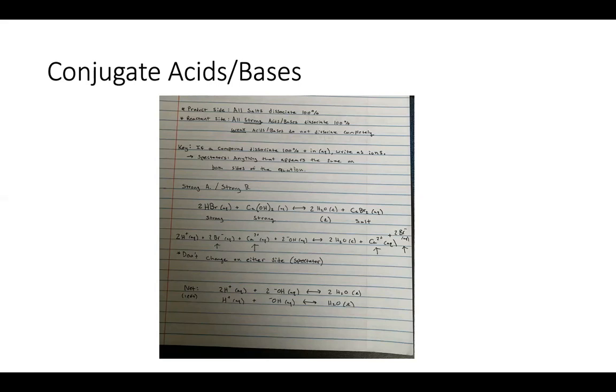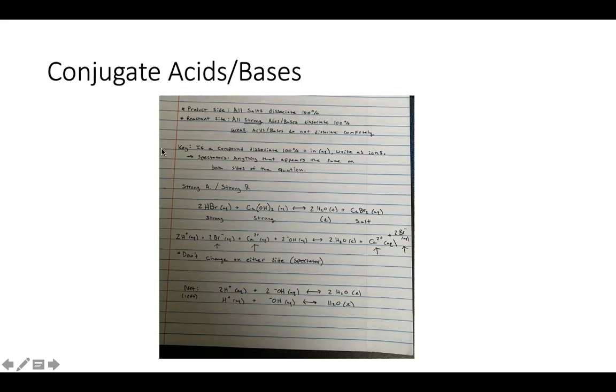It'll be a metal and a non-metal. On the reactant side, if we see a strong acid or base, we assume they dissociate 100%. If we have a weak acid or base, we assume they do not dissociate completely.